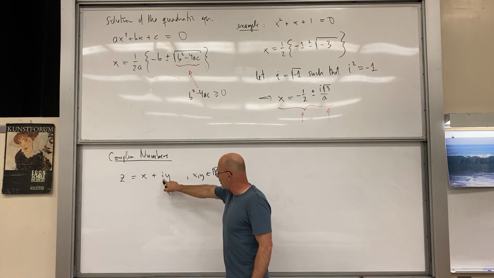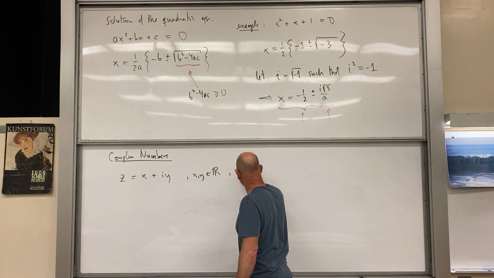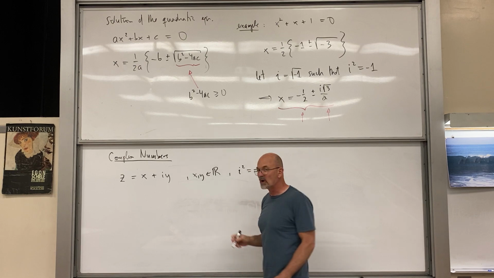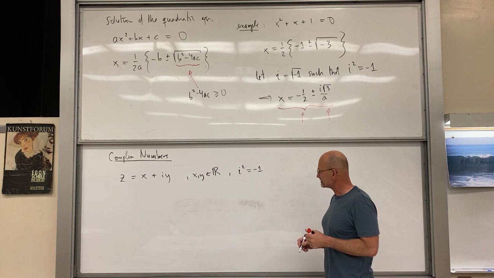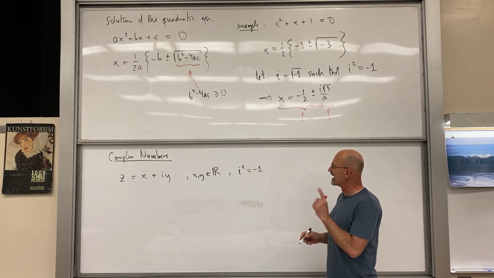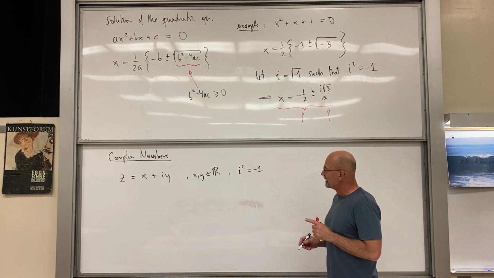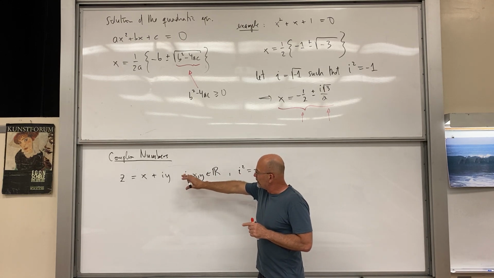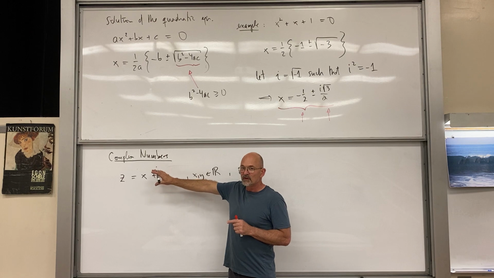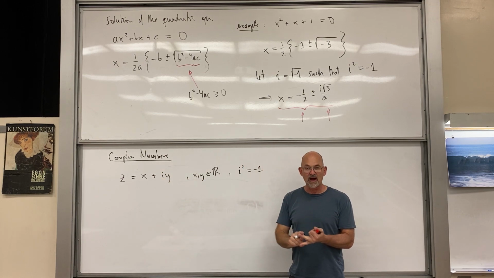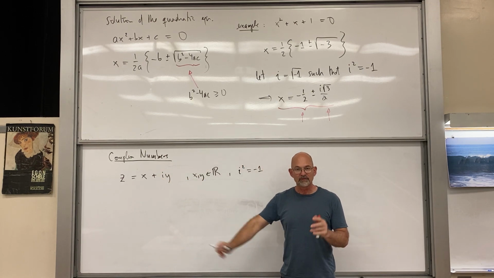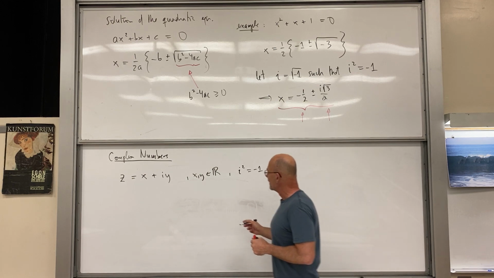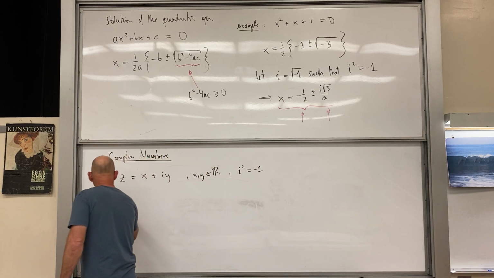And about this quantity here, i, we just know that i squared is equal to -1. Square root of -1. Now, it turns out that if you define complex numbers this way, you have addition, subtraction, multiplication, division. You can do all of your arithmetic that you're used to doing.